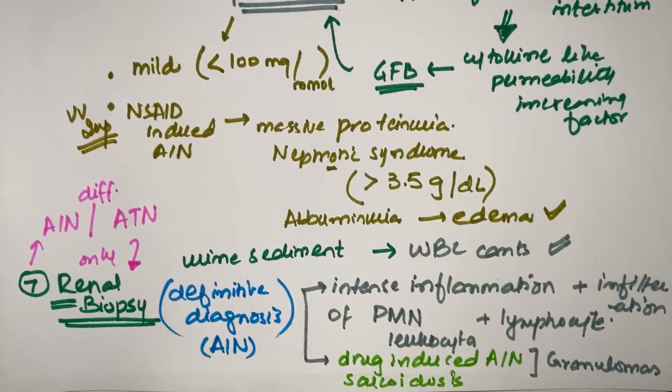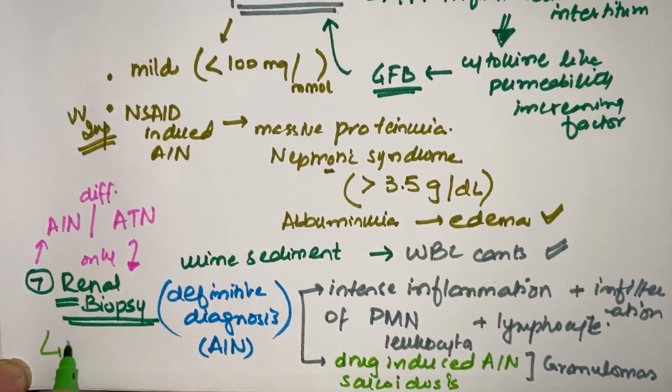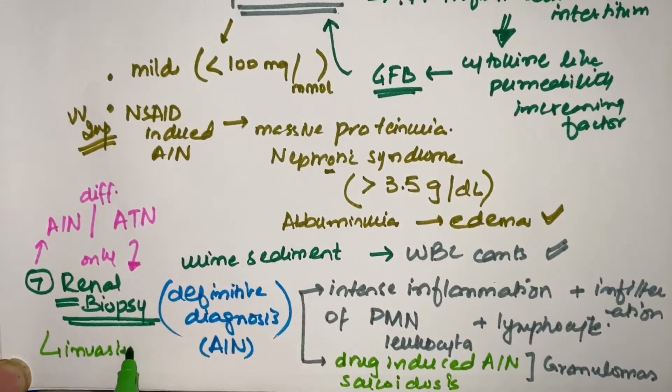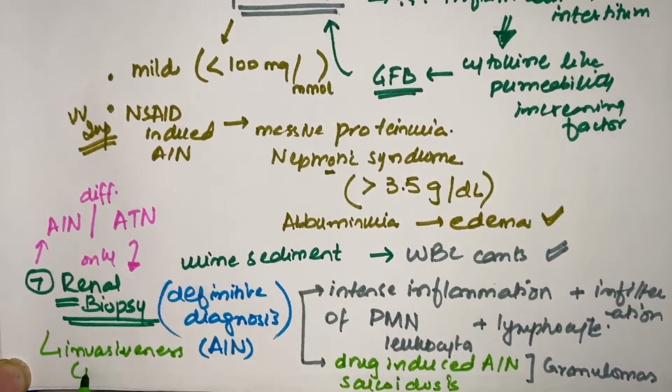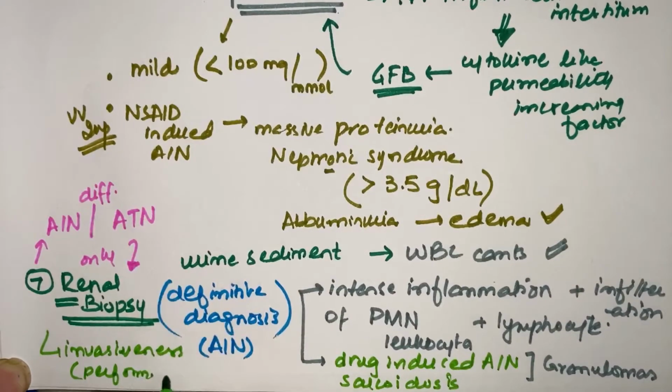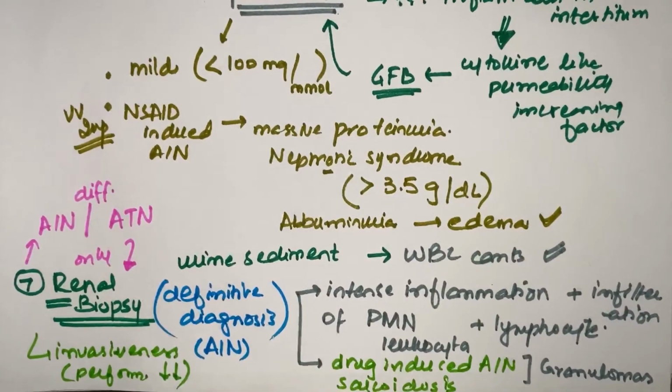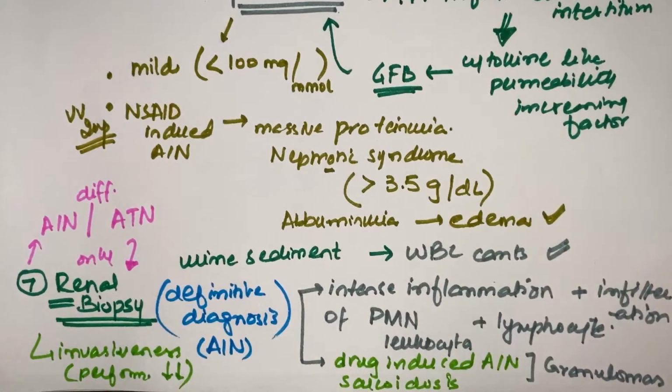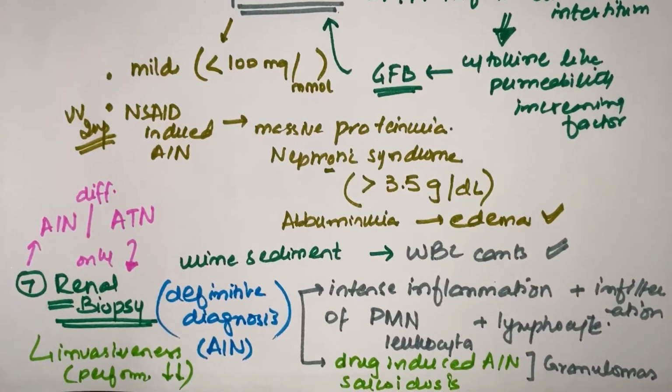So we require renal biopsy for it. And mostly we don't perform renal biopsy. Why? Because of its invasiveness. It's of course an invasive procedure, so we perform it less. Mostly the disease is diagnosed by the other modalities which I've discussed before. So this is all about how we will diagnose a patient of acute interstitial nephritis.